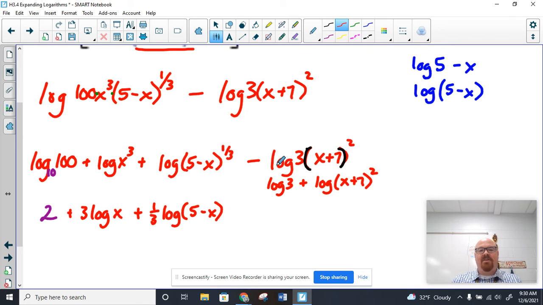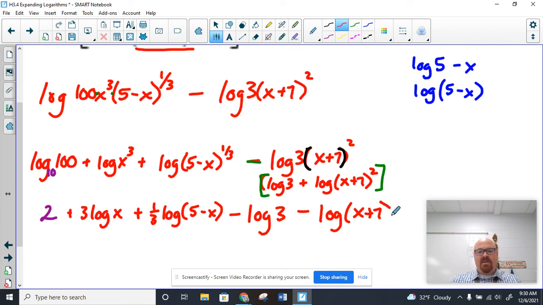But because this logarithm was being subtracted, I have to subtract, and maybe I should use a different color here to emphasize this, I have to subtract all of its offspring, for lack of a better word. Because this one logarithm is being expanded into two, and because this one logarithm was being subtracted, I have to subtract both of these logarithms. So that's going to look like this: minus log of 3 minus log of x plus 7 squared.